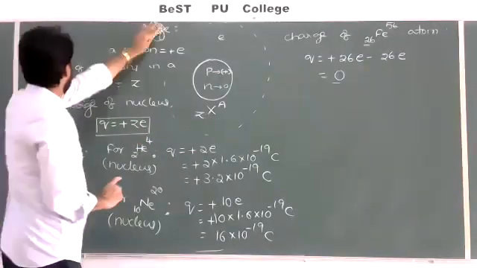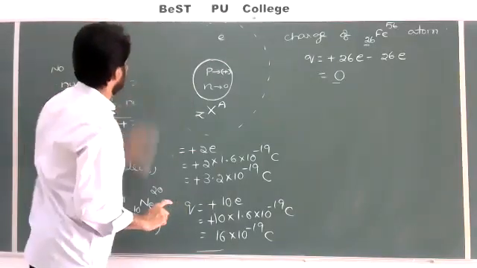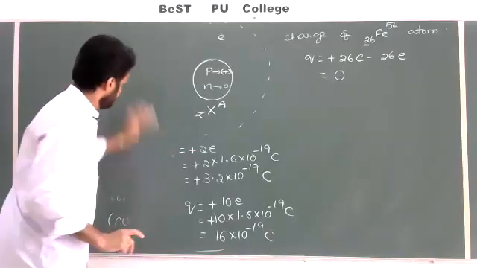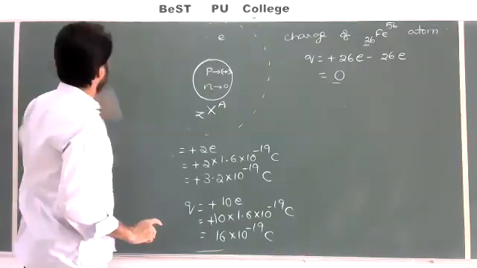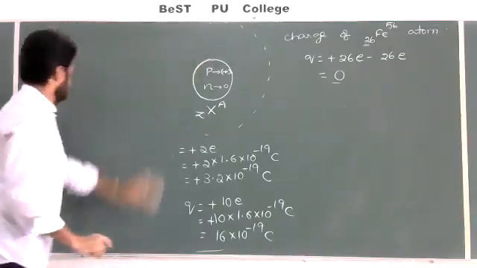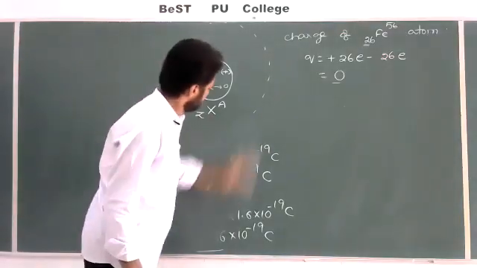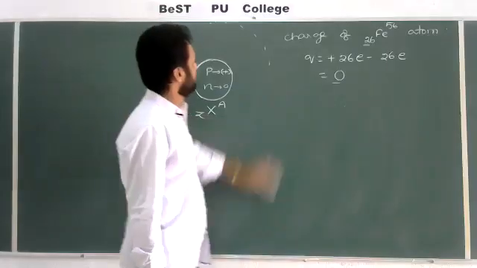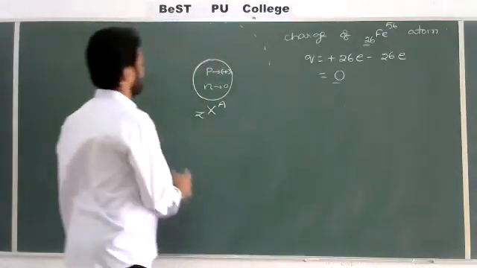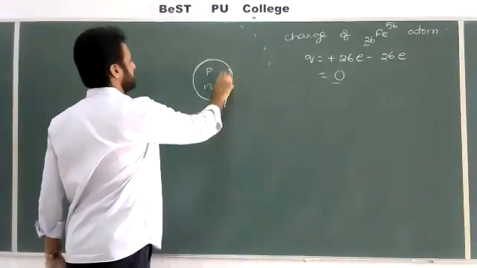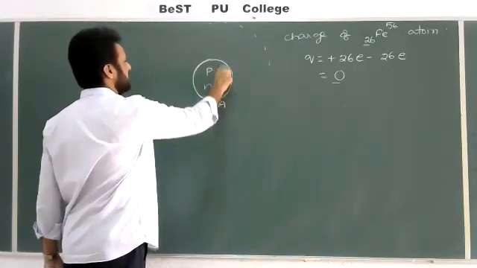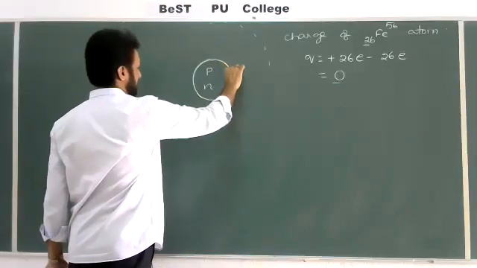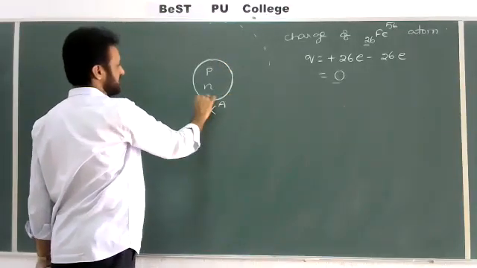Now we'll go for the third property. I'll choose the same nucleus, X with Z and A, the name being the chemical symbol of the atom or nucleus. Z is equal to the atomic number, A is equal to the mass number.